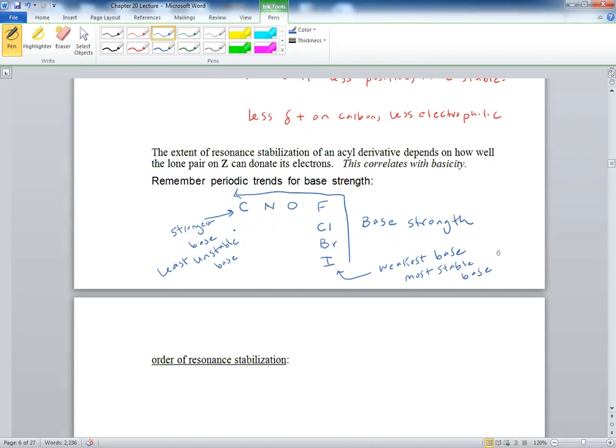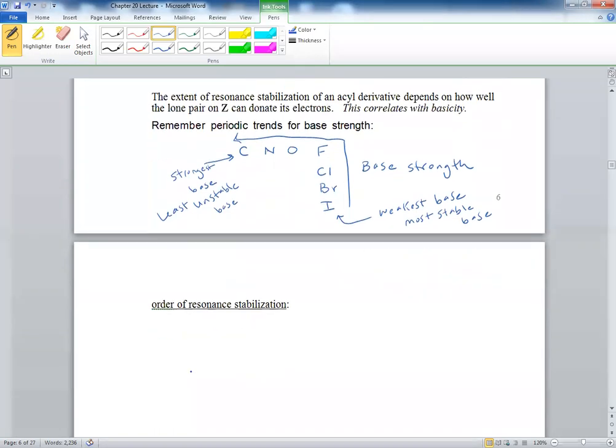Carbon doesn't have enough electronegativity or size to accommodate that charge, which makes it a very, very strong base. It cannot hold on to it with enough strength. So let's look at the order of resonance stabilization.